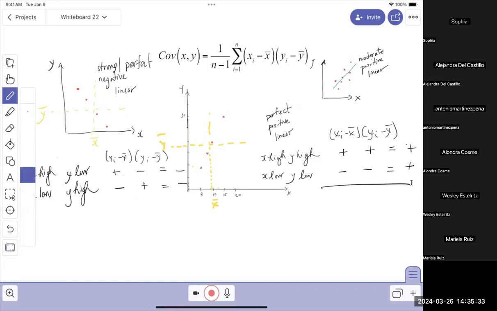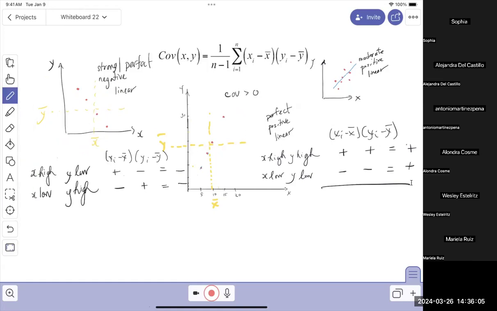Now the covariance gives us the direction. So the covariance for this will be what, positive or negative in this graph? What did we already say? Covariance will be greater than 0. What will the covariance be in this graph? Positive or negative? Very good.